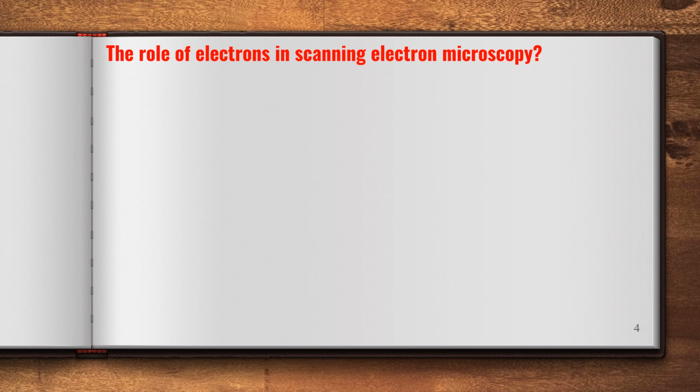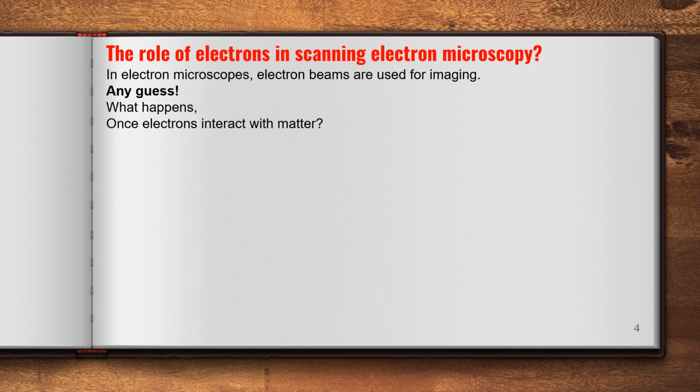So we have a doubt: what kind of role do electrons play in taking the image by SEM? Any guess? Any guess? What happens when electrons interact with matter? I am curious about this. What happens once the electrons interact with matter like a specimen?